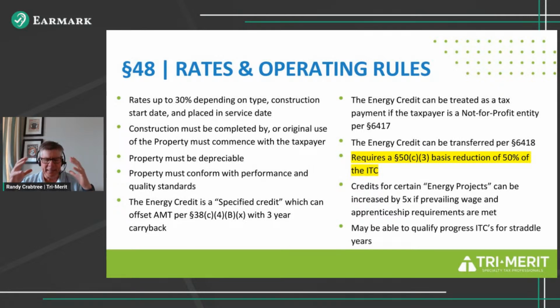So that's why I think the mindset of thinking 30% credit is a good place to start, but always understand that the 6% credit is the starting point. Now, a 6% credit is great, but it doesn't get me all that excited. A 30 to 70% credit based on some potential bonuses we might be able to get, that gets me excited. And that's why this is an area where you're going to see a lot of adoption.